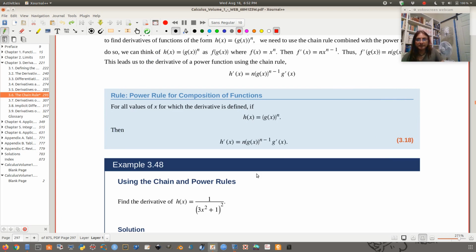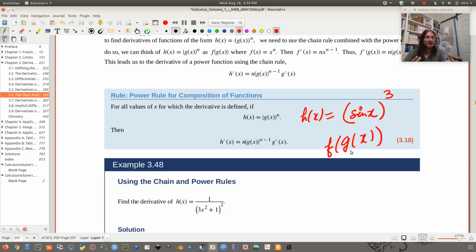Instead of doing this one, let's start with something maybe simpler. Let's say we have sine x to the power 3. This is our function, and I want to find the derivative of this. So again, it's f of g of x. What is our f function? F is the cube function, because we're taking a cube of sine x.